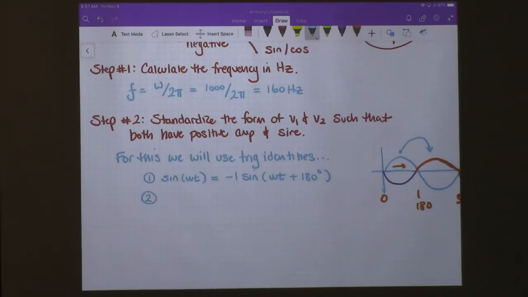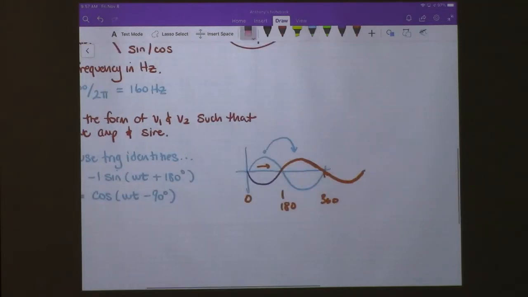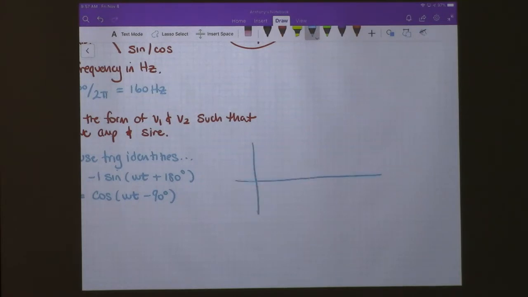The second trig identity we're going to use is that sine of omega t is equal to cosine of omega t minus 90 degrees. That also makes sense if we take a look at a very simple example. Let's say we have a sine wave. So this is 180, this is 360. A sine wave will look like this. A cosine wave will start at 1, and so it will look like that.